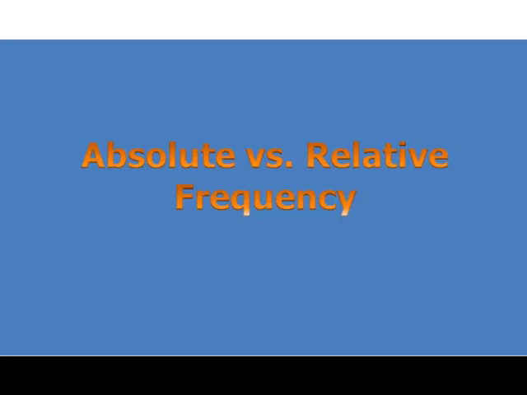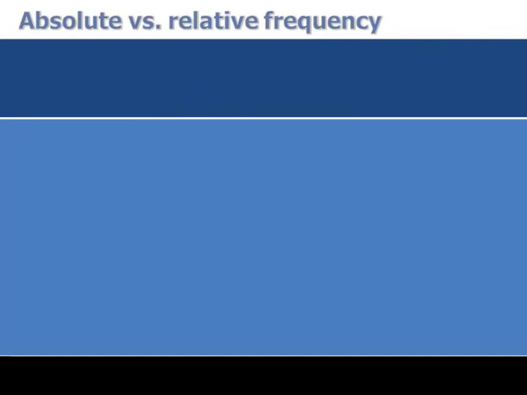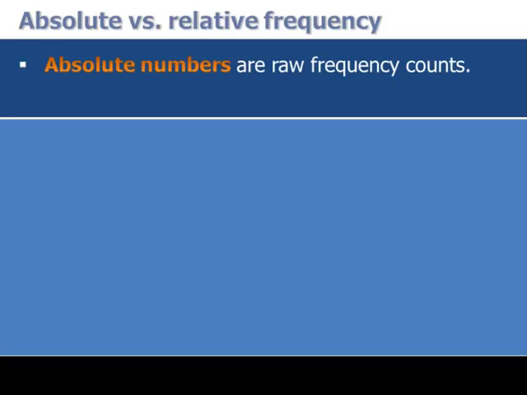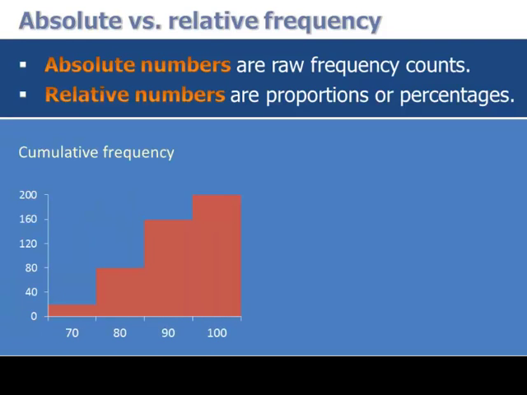Cumulative frequency plots can display information in terms of absolute or relative numbers. Absolute numbers are raw frequency counts. Relative numbers are percentages or proportions. Let's look again at the cumulative frequency plot that we created in the previous section.